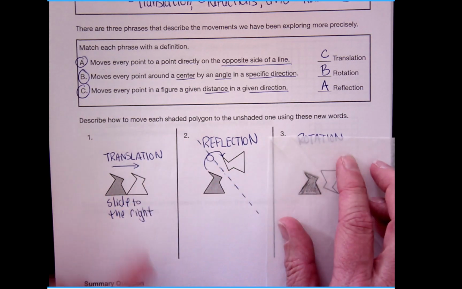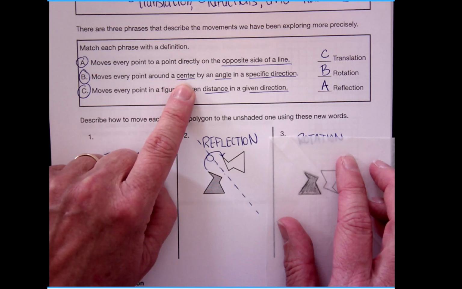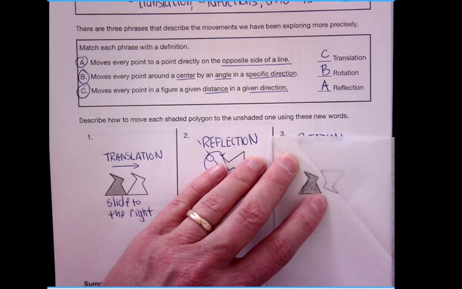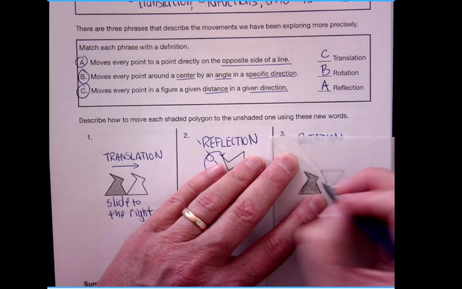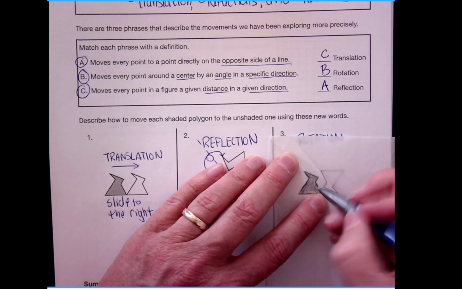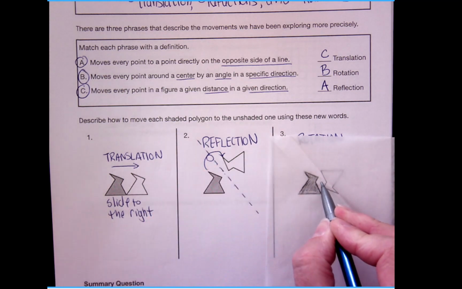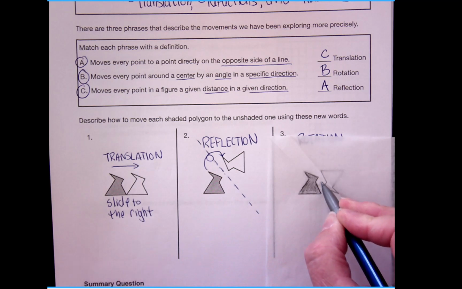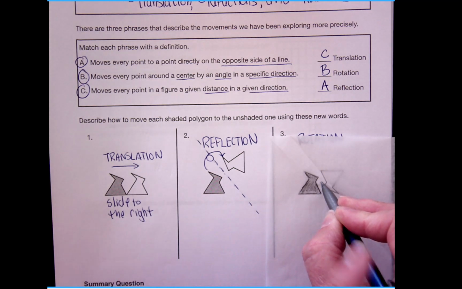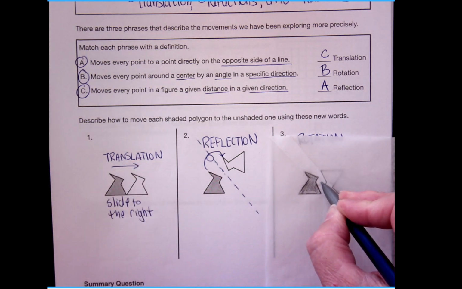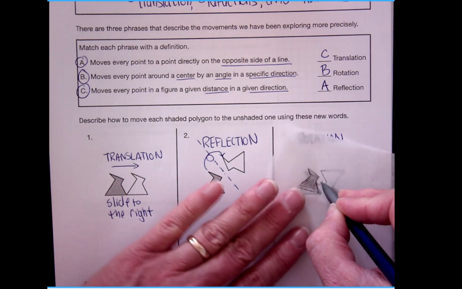And a rotation is where I have some center point that I'm going to spin around. And in this case, that center, let me get a pencil so I can use this to pivot with. I'm going to sit it right at this center. And all I'm going to do is take this transparent paper, hold my pencil tight onto the paper, and just spin this transparent paper.